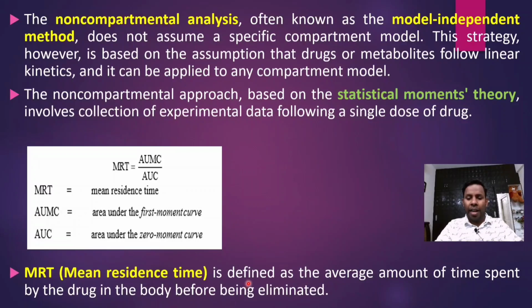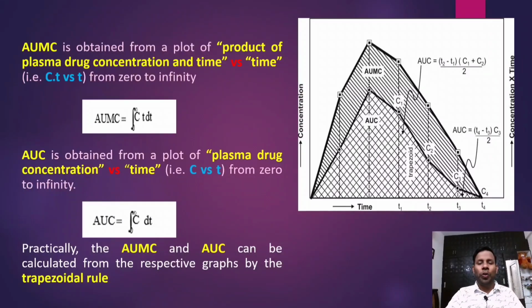It is the average amount of time spent by the drug before being eliminated from the body. After the drug is absorbed, how much average time the drug stays in our body before being eliminated from our body, that average time is called mean residence time. MRT is equal to AUMC by AUC.